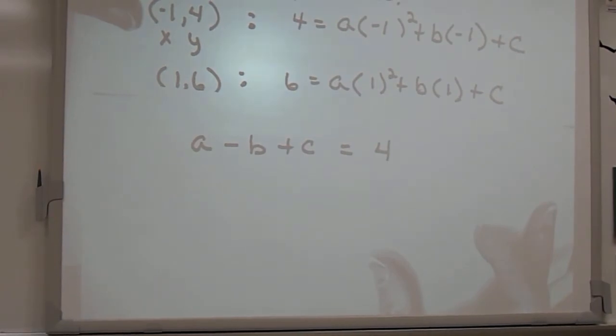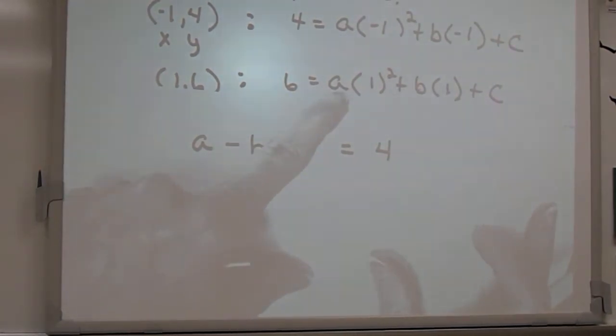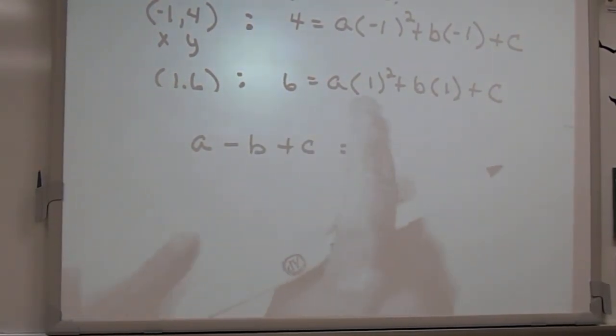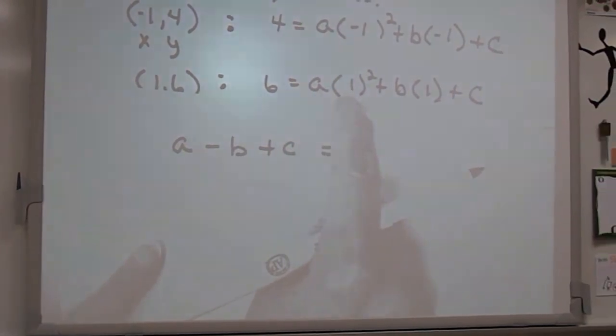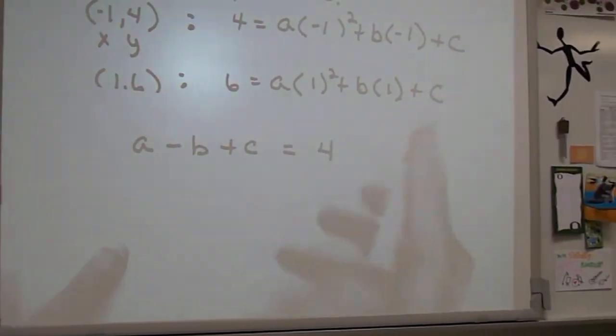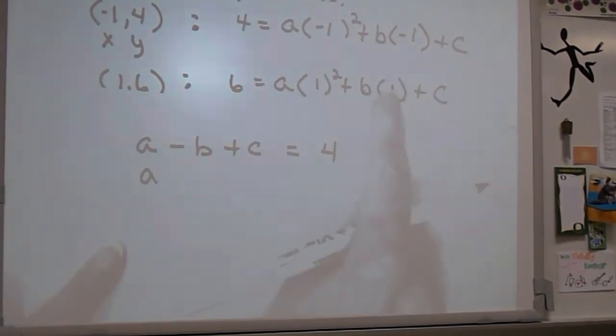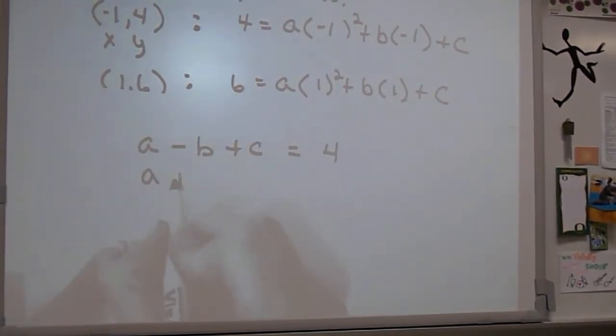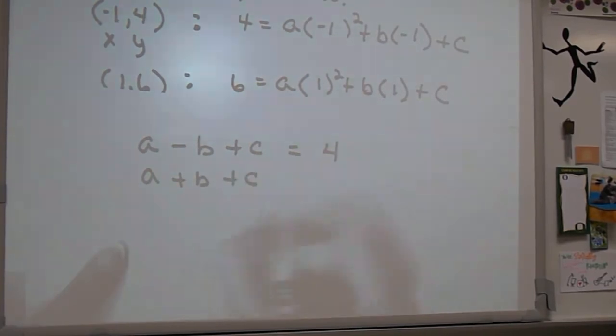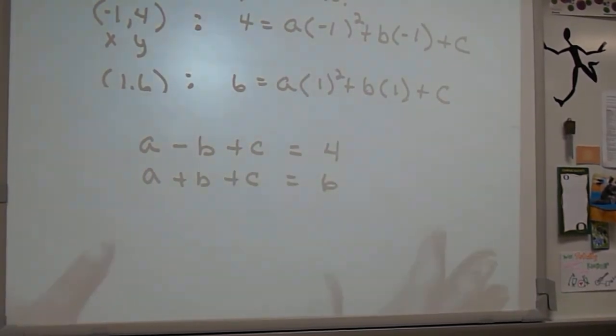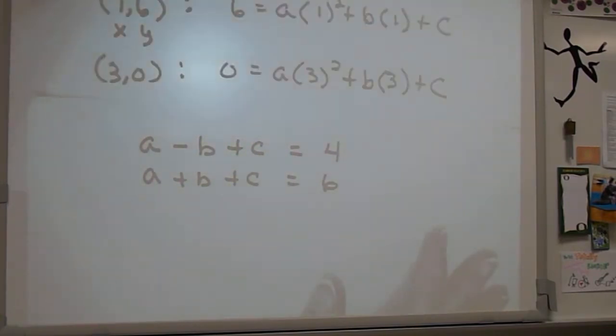Now we'll look at equation 2. Starting with A again. Same scenario, only it's a positive 1 squared. Still is 1. 1 times B is still a positive B, plus C, all equals 6. Okay, so far so good. Last equation.